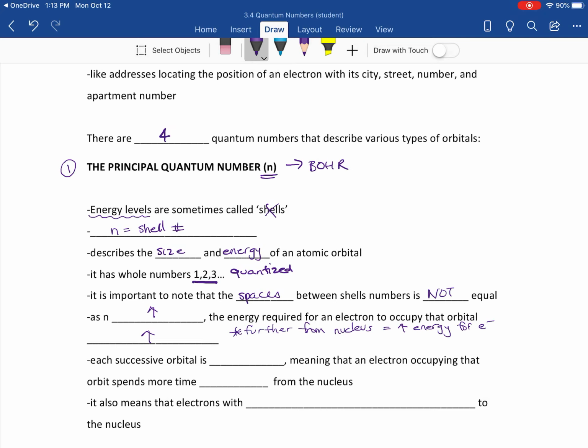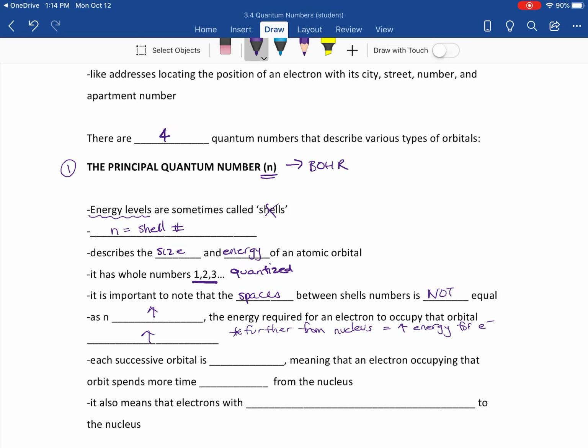Okay, because the nucleus doesn't have that kind of hold on an electron that's farther away. And you might remember that from periodic trends. We called that effective nuclear charge. What kind of force does that electron feel from the nucleus, right? So the farther away the nucleus is from that electron, the more energy that electron is able to possess.